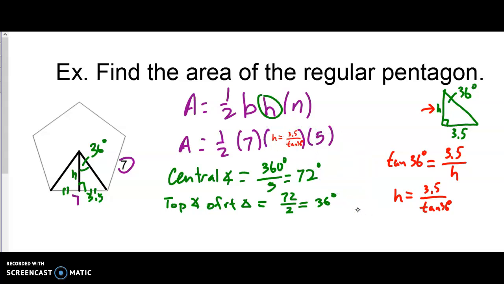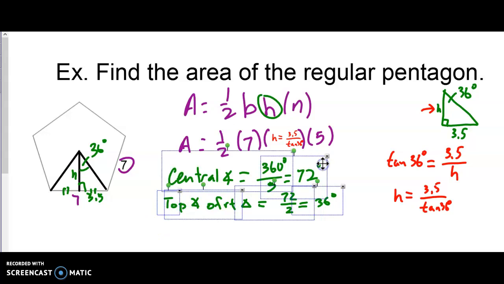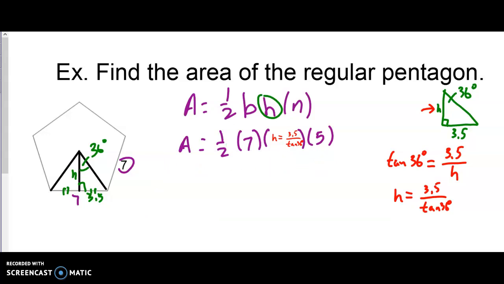So now I can find the area of the triangle by just doing the math on my calculator, right? And notice how I'm leaving this answer in calculator-ready form.